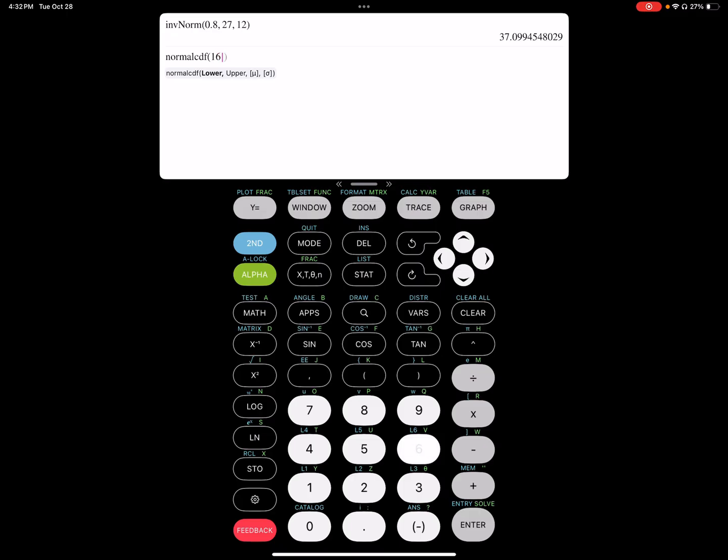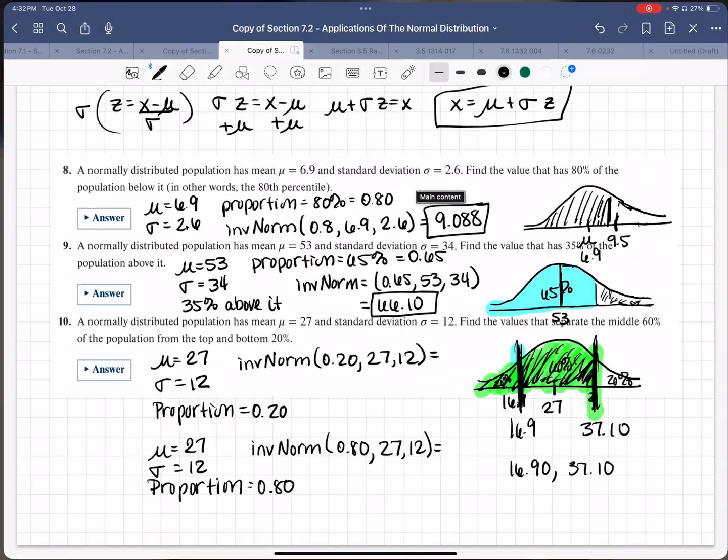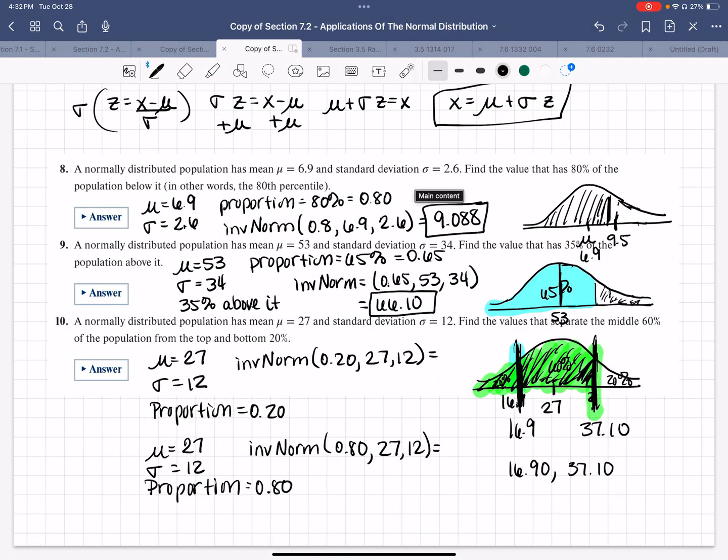My lower limit is 16.9. My upper limit is 37.10. Then I have a mean of 27 and a standard deviation of 12, and that does give me 60% of my population right there. So we just proved that we were right.